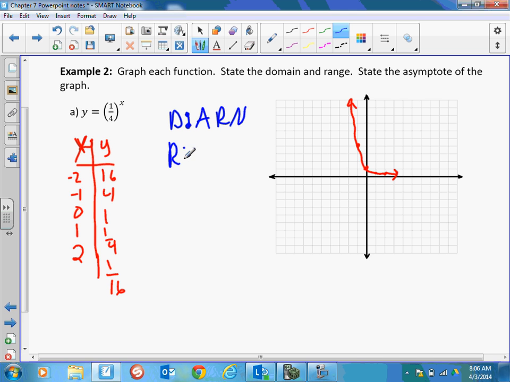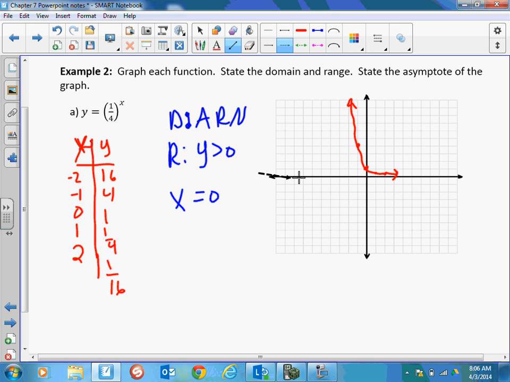The range doesn't change. It's still y is greater than 0, even though it goes the opposite way. And the asymptote is still x equals 0. Still have that dashed line. Oops. Let's do another one. Okay, you still have that dashed line where it approaches x equals 0, the x-axis, but never quite crosses it. Okay, so that's decay.